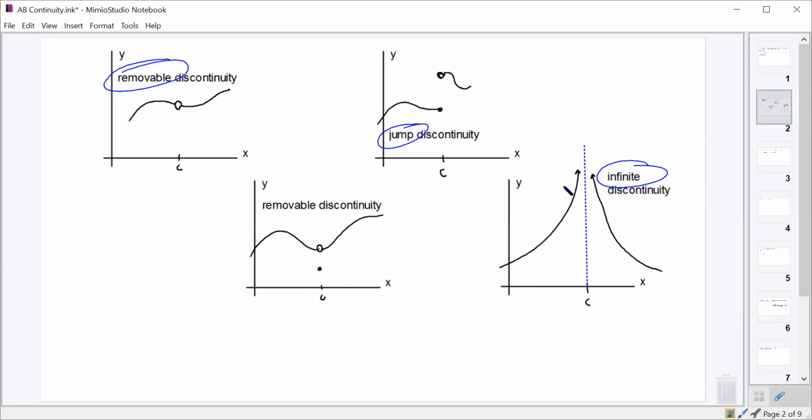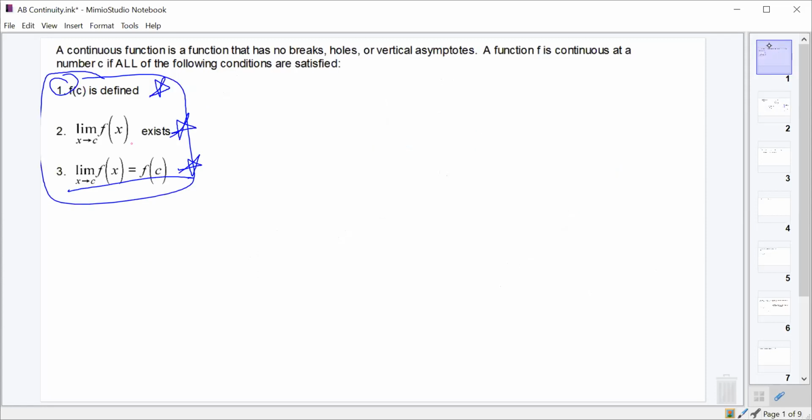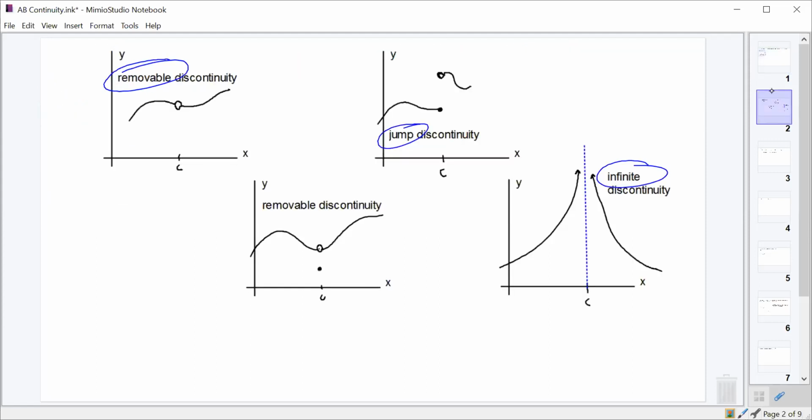Good. All right. So real quickly, let's think about our definition of continuity. The first criteria was the function has to be defined. So for this first removable discontinuity, does it meet the first criteria? Is f of c defined? No. So this one already, we know it fails number one.